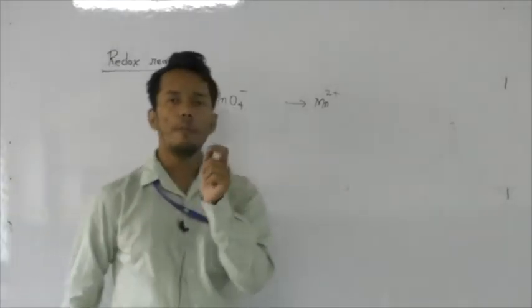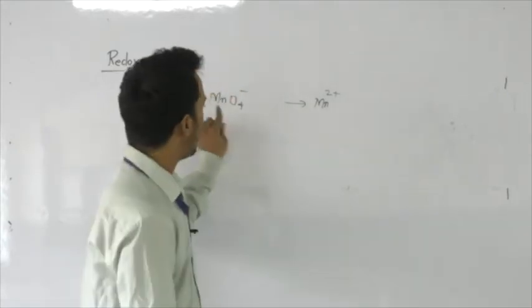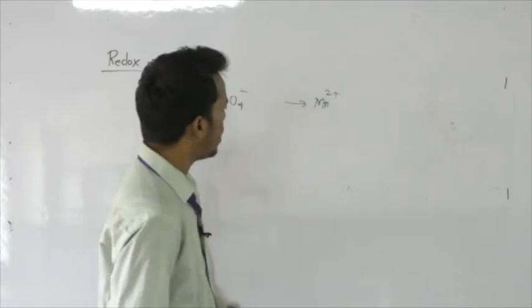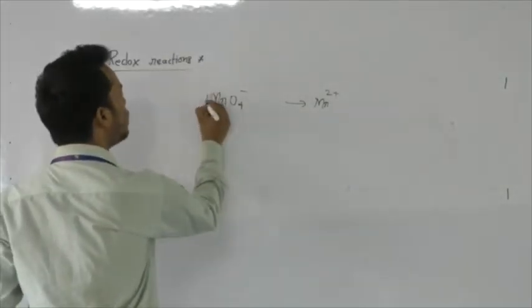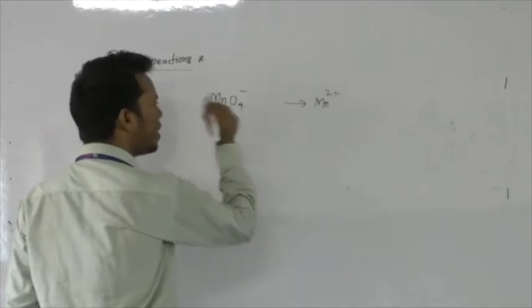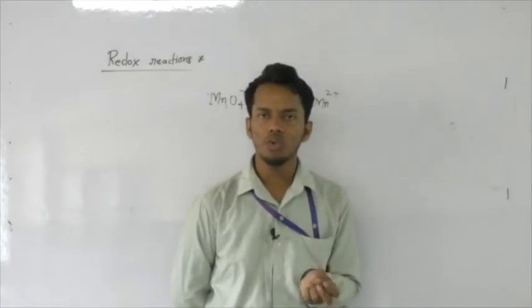First thing is you have to balance the central atom. Which one is the central atom here? Mn, and here also Mn. So 1 Mn here, and here also 1 Mn. That means the central atom is already balanced, there is no need to balance it.